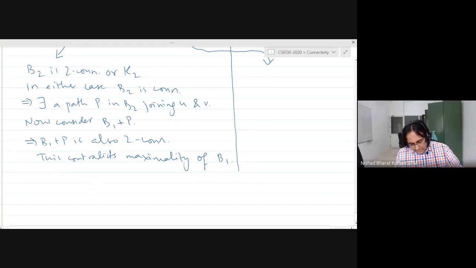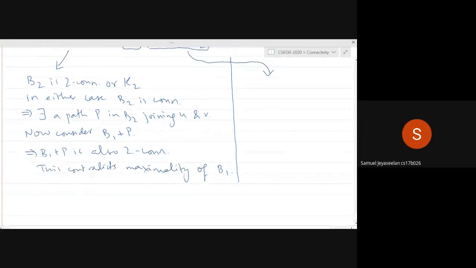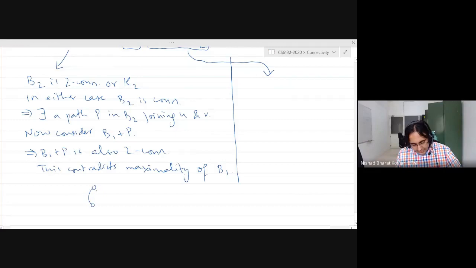But K2 is still not two connected, right? It doesn't have three vertices. Oh, right. That's right. Okay. So if you're dealing with multigraphs, then you have to allow the graph to be K2 with multiple edges. So let's not go there.